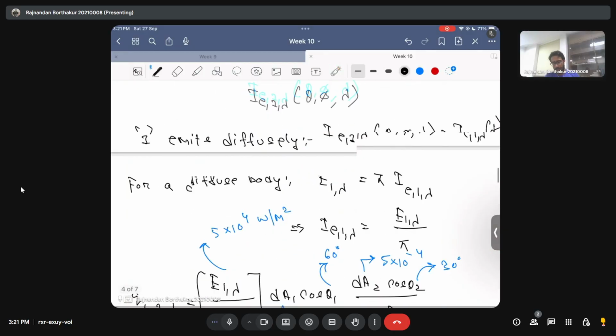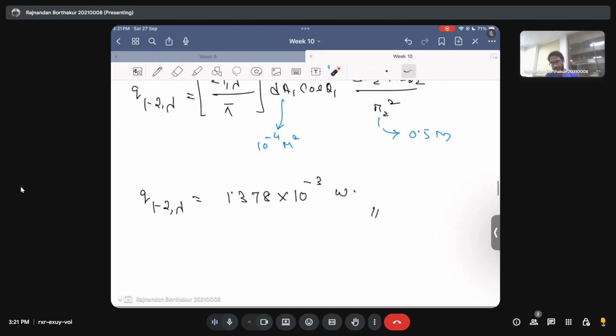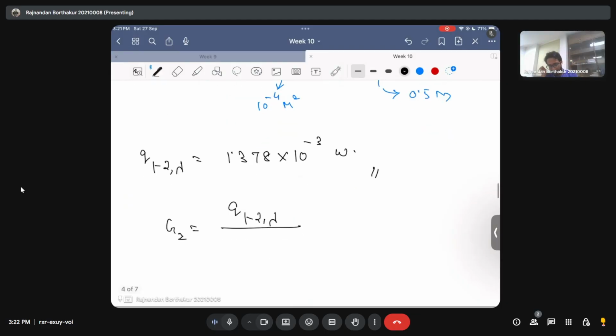If you know the rate at which energy is intercepted by 2 that comes from 1, the irradiation, which we discussed extensively in the last class and which is a flux, will simply be equal to the emission that comes from 1 and falls on 2, which is q12, divided by the elemental area A2. Of course, since this is a flux, it will have a unit of watt per meter square.